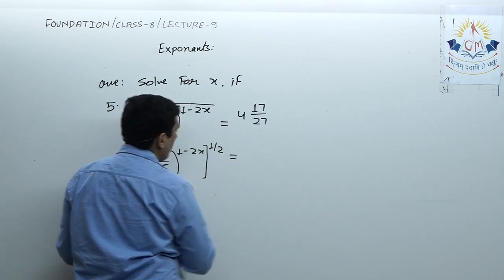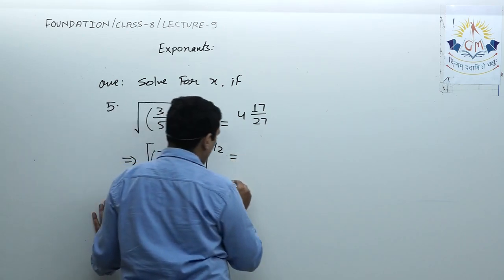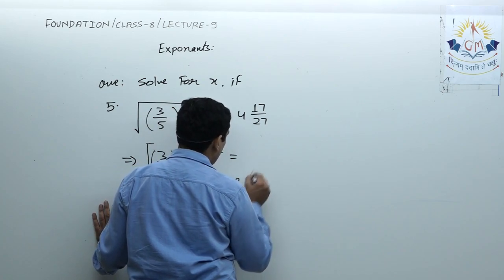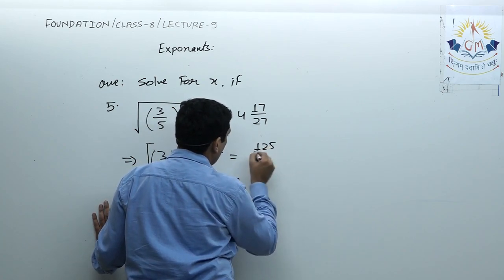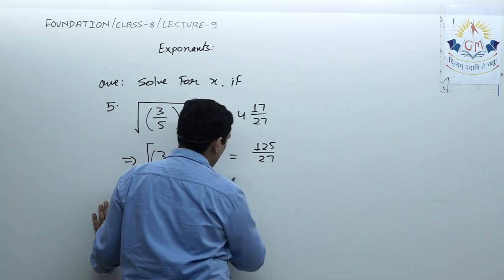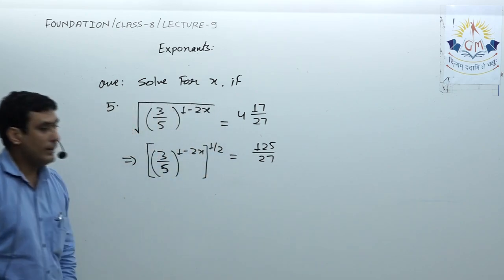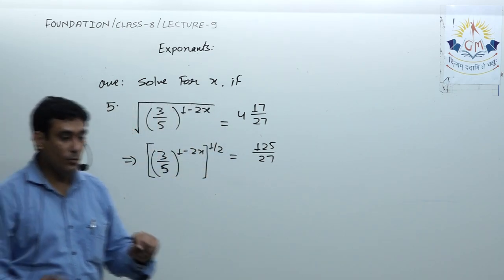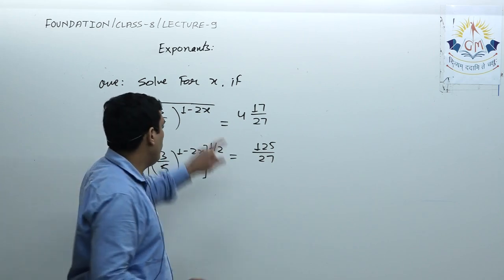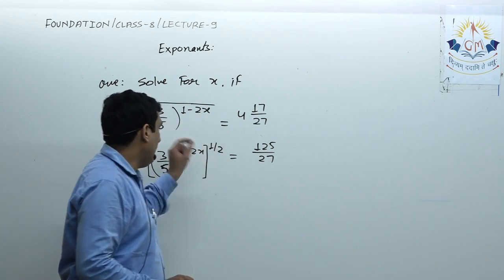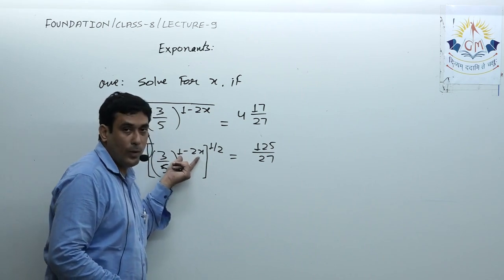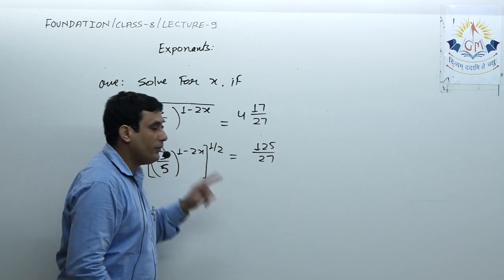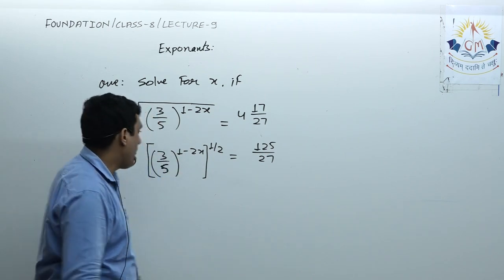Over here this will become 108 plus 17, that is 125 upon 27. Okay, as I told you again and again, to get the value of the unknown, if the unknown is in the powers, definitely you have to make the bases same.